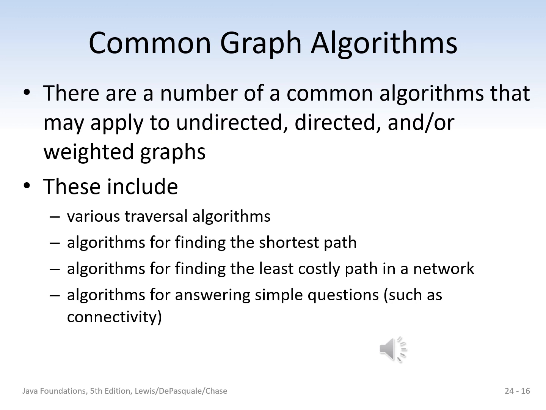These include various traversal algorithms, algorithms for finding the shortest path between two vertices, algorithms for finding the least costly path in a network, and algorithms for answering simple questions such as connectivity.